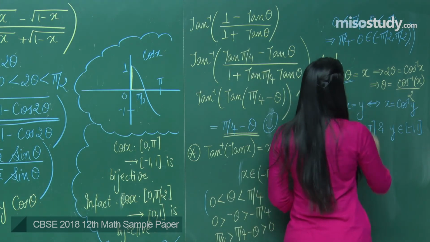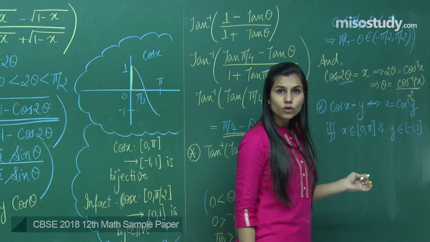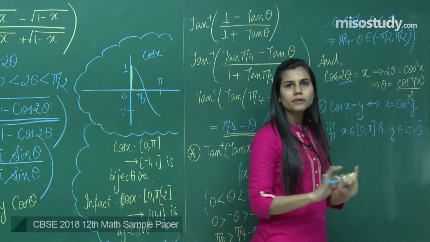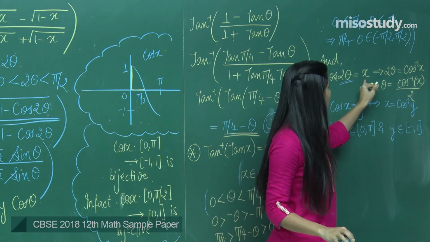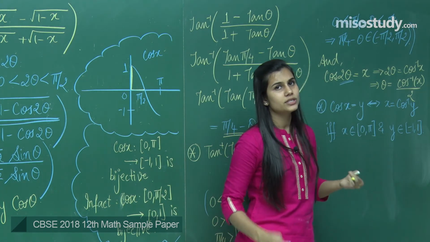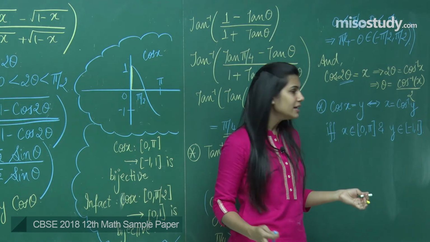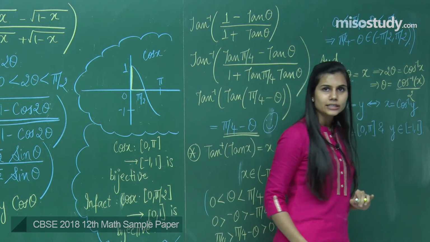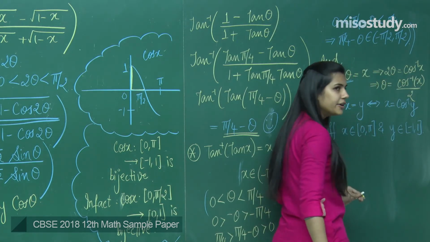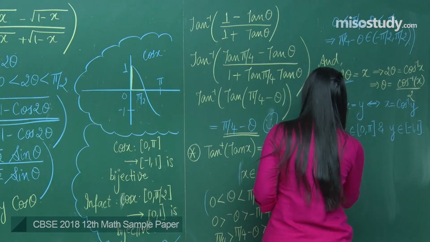Over here the input is 2 theta, it should come from 0 to pi, it is coming from 0 to pi by 2, definitely it is coming from 0 to pi. The output, which is x, should come from minus 1 to 1, it is coming from 0 to 1, which is definitely a section of minus 1 to 1. So, even that is satisfying my condition, and therefore from here I can go here and then here.